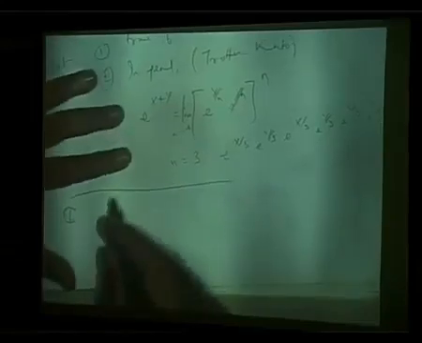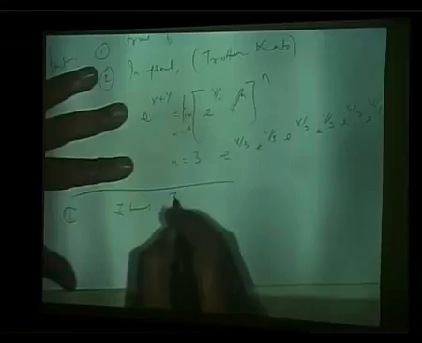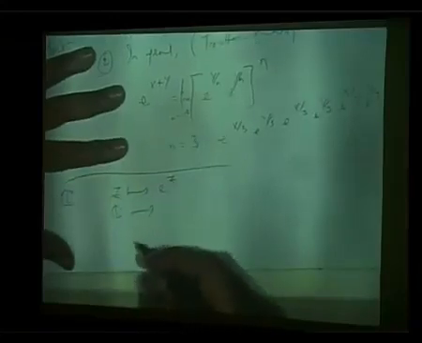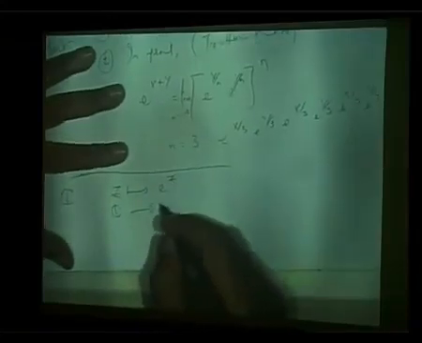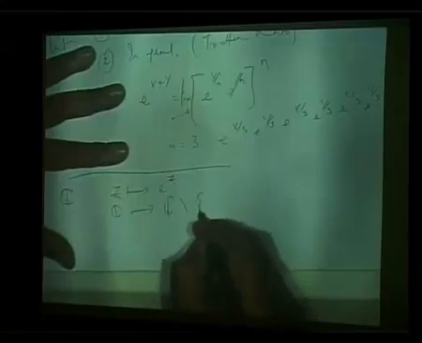So z going to e power z will give you a map from complex numbers to, in fact, non-zero complex numbers. You can never get 0 in the image. You will get every non-zero complex number as the image of the exponential function.